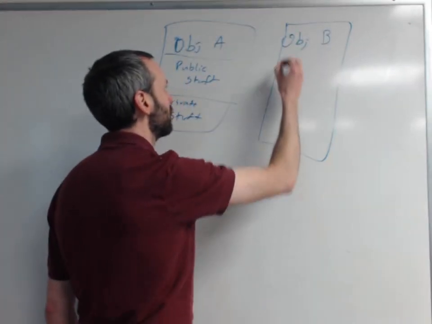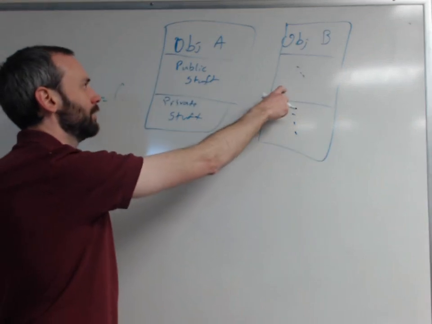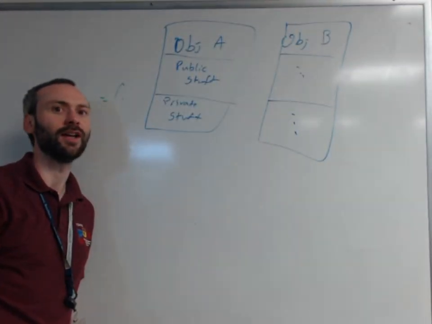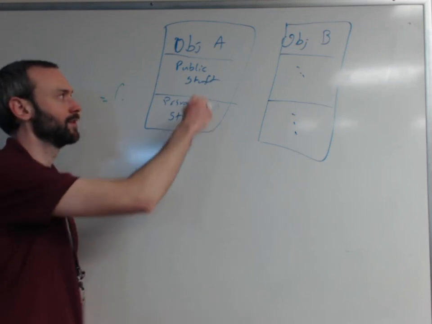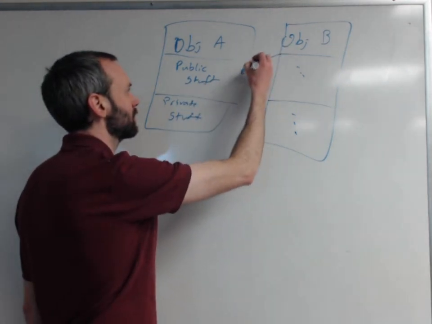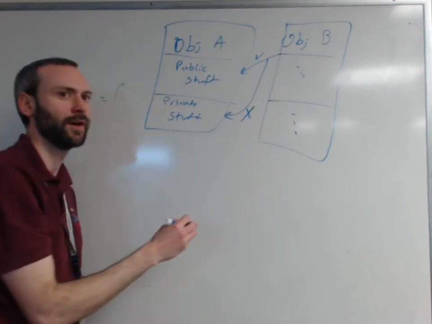Okay, and you have object B. Same thing. Object B, what does object B have access to in object A? Just standard. The public stuff, right. So object B can access this, but he cannot access this, right?